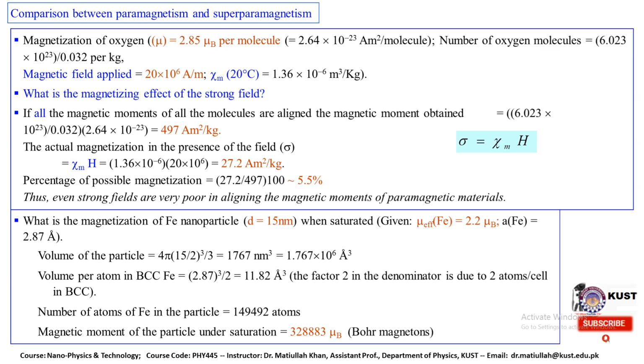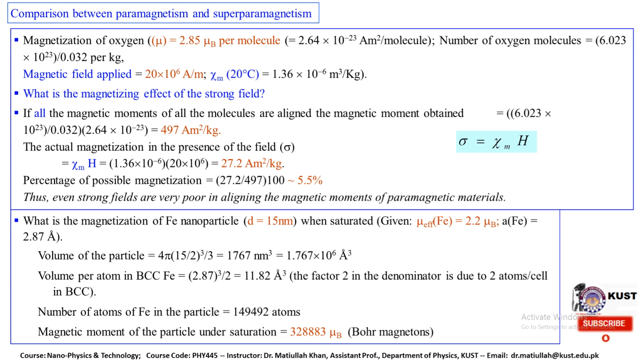So what will be the magnetization effect of this strong field? We can do the calculation because we already have the equation. Just putting in the values, we can get the magnetization effect due to this strong field. Here sigma is equal to chi m H, and we get the percentage of possible magnetization as around 5.5%.